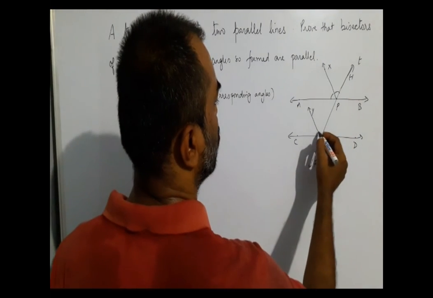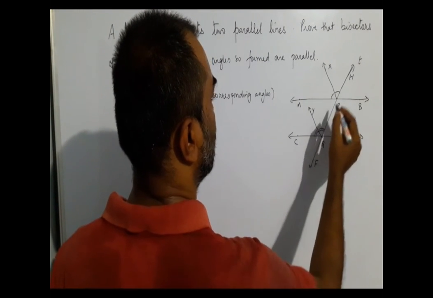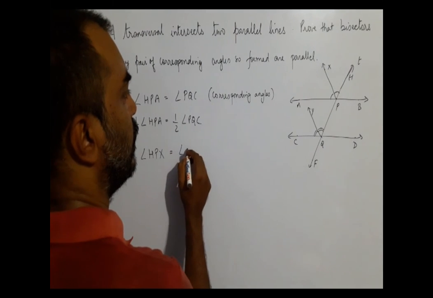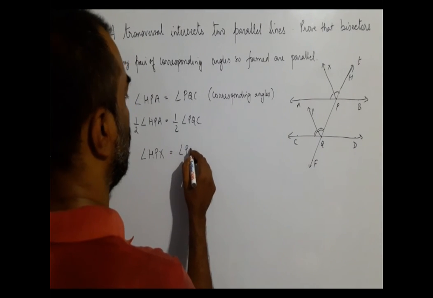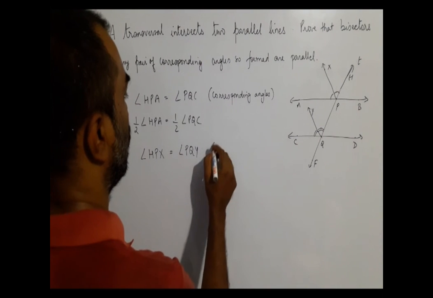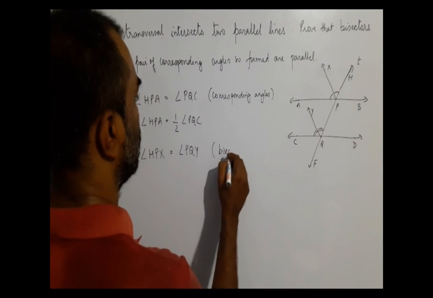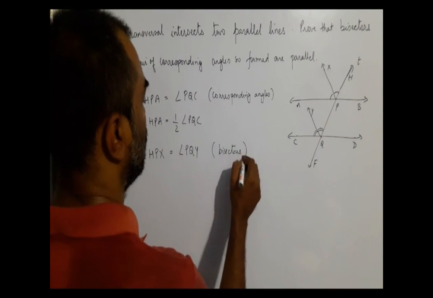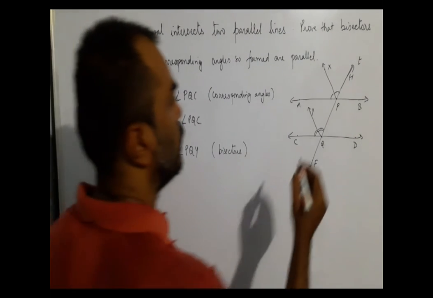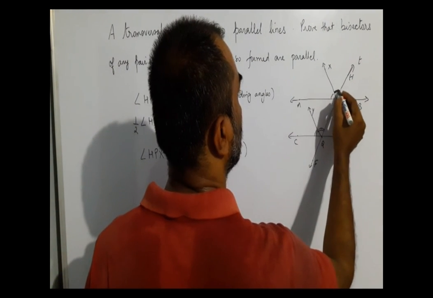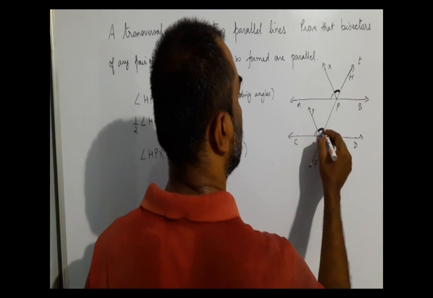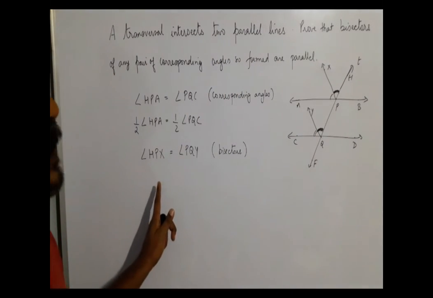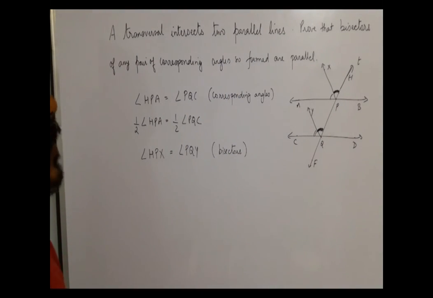And half of PQC is angle PQY. Why? Bisectors divide into equal parts. So now we have this angle and this angle equal. We showed HPX equal to PQY.